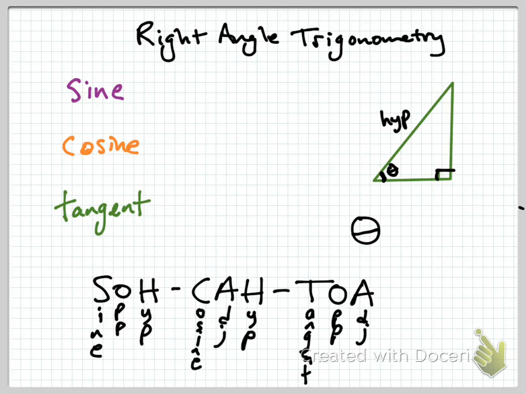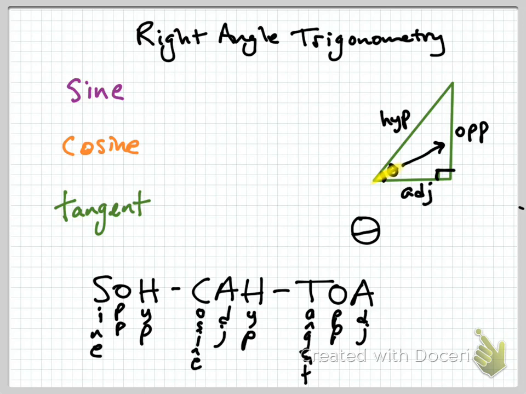But if we now look at our angle theta, the opposite side is the one on the other side from the angle. And then the adjacent to theta will be the one that's right next to it.